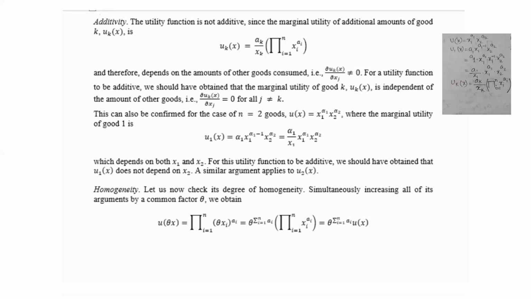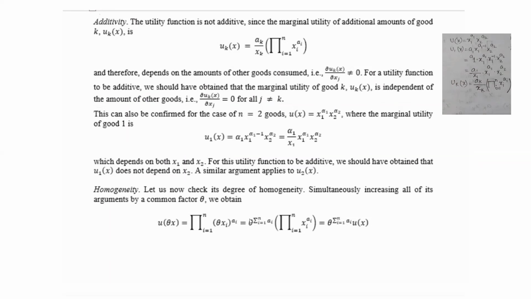So utility function of theta x, and then we can see that capital pi, which represents the product of the sequence, then theta xi to the power ai. And by mathematical manipulation, we get theta to the power summation of ai.